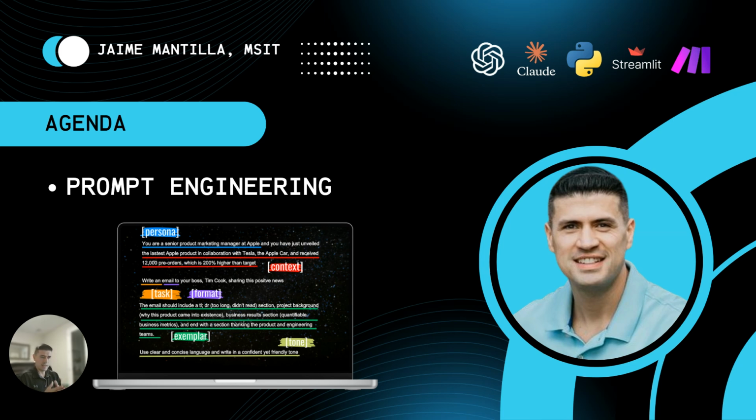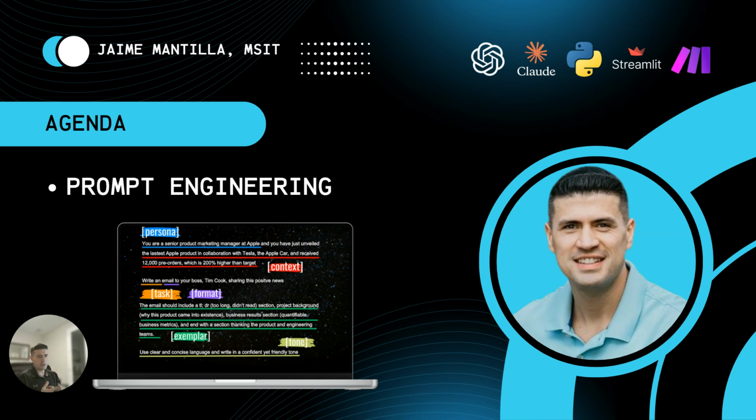Okay, so that is the example and the reference that you want to use as far as how you want the email to look. And then the tonality towards the end is use clear and concise language and write in a confident yet friendly tone. So you have the tonality of friendly, you want it to sound confident, and you want it to be super concise. So those are pretty much the core components of prompt engineering.